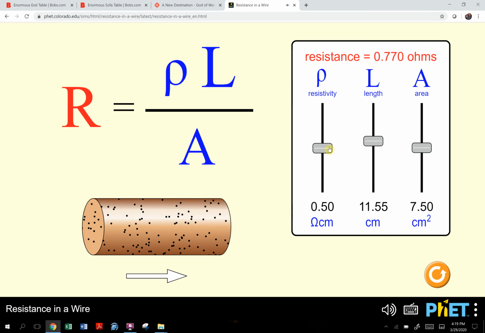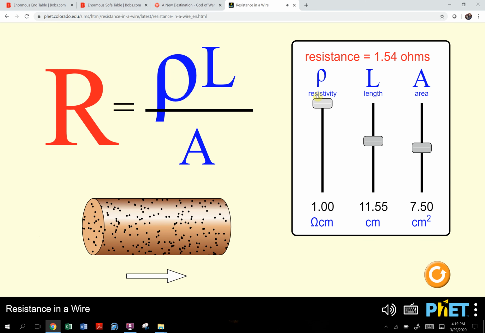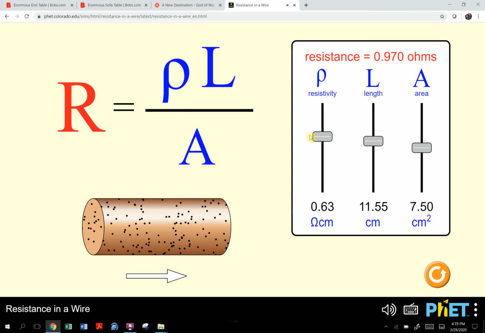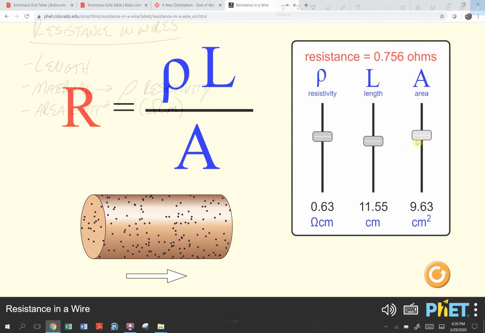And resistivity, the larger the resistivity, the larger the resistance, and vice versa. So that's going to be in the numerator. And finally, hopefully you correctly guessed that if there's a larger cross-sectional area, there's more room for electrons to move, and therefore there would be less resistance. Hence, it's in the denominator.